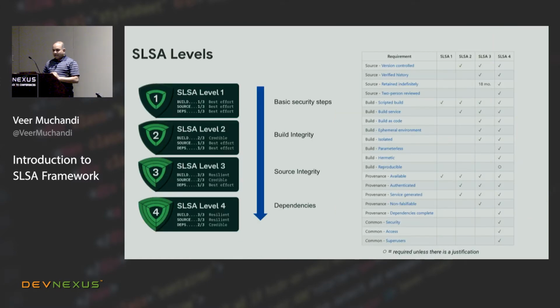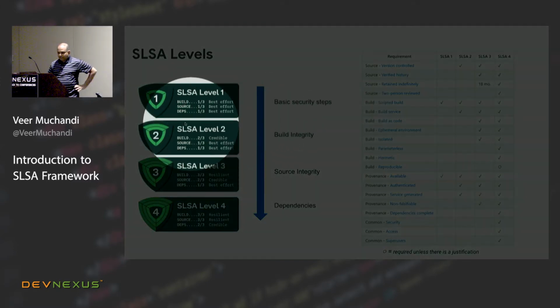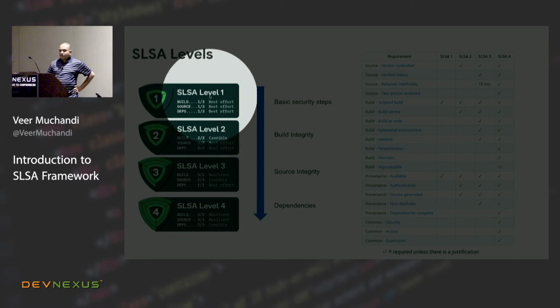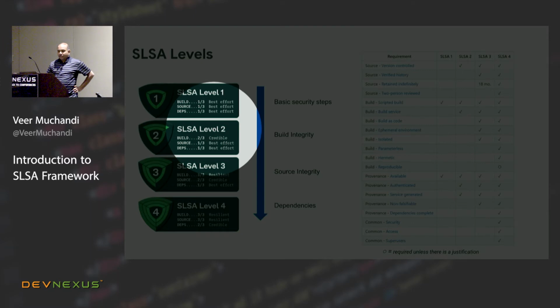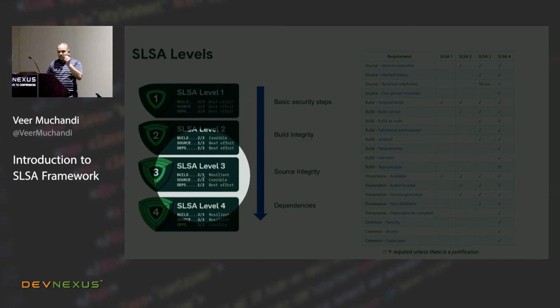All right? Next, SLSA levels. Let's look at it from a different point of view. At level 1, you are doing best effort of everything. At level 2, you are making them credible builds because you are increasing it a notch up, but the source and dependencies are still best effort. At level 3, your build is resilient now because you have added everything possible to the build.